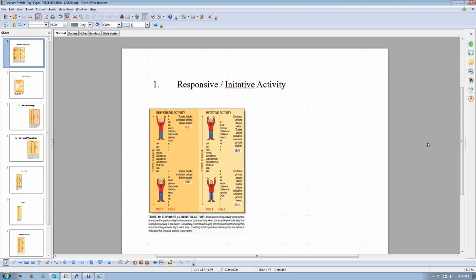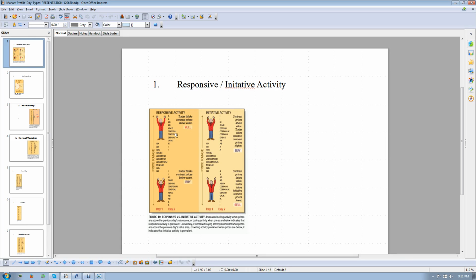And first, I'd like to talk about responsive and initiative activity, where it happens and what it's at. And here's a pretty good example of responsive activity. You can see here, this little graphic right here represents the prior day. And then this graphic would represent responsive activity on the next day.